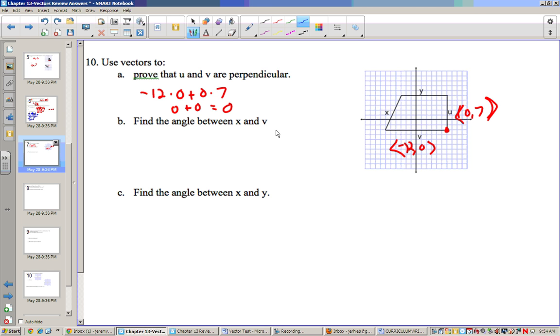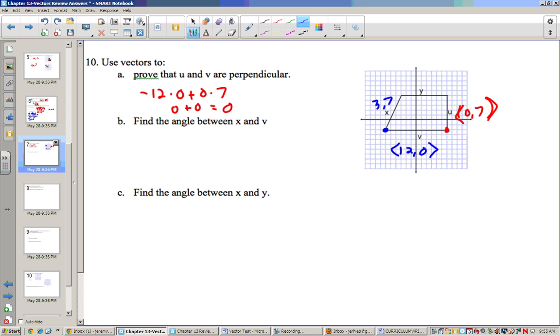Now if I want to find the angle between x and v. So x and v, that's using this point. From that point, now this vector is 12, 0, going to the right 12. Up here, I'm going 3 to the right, 1, 2, 3, and up 1, 2, 3, 4, 5, 6, 7.